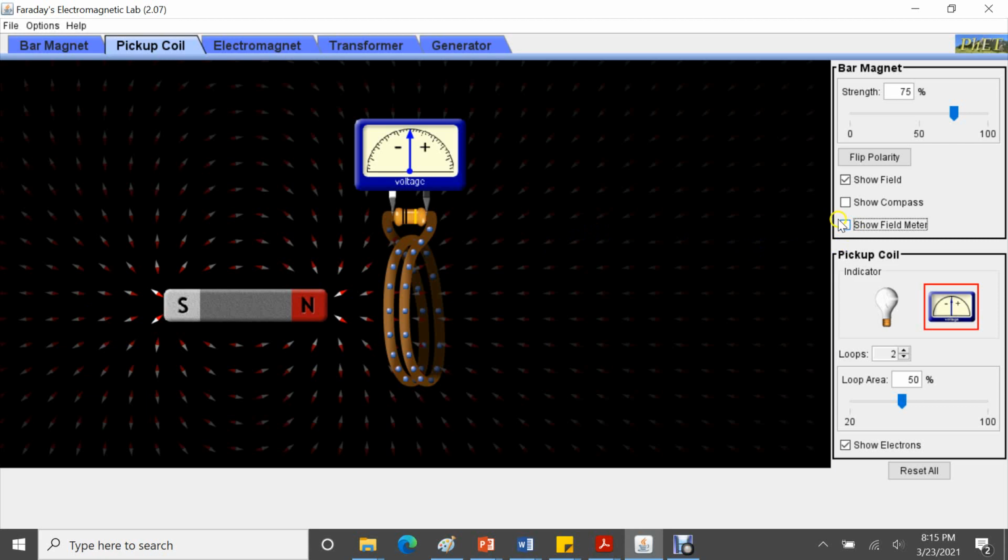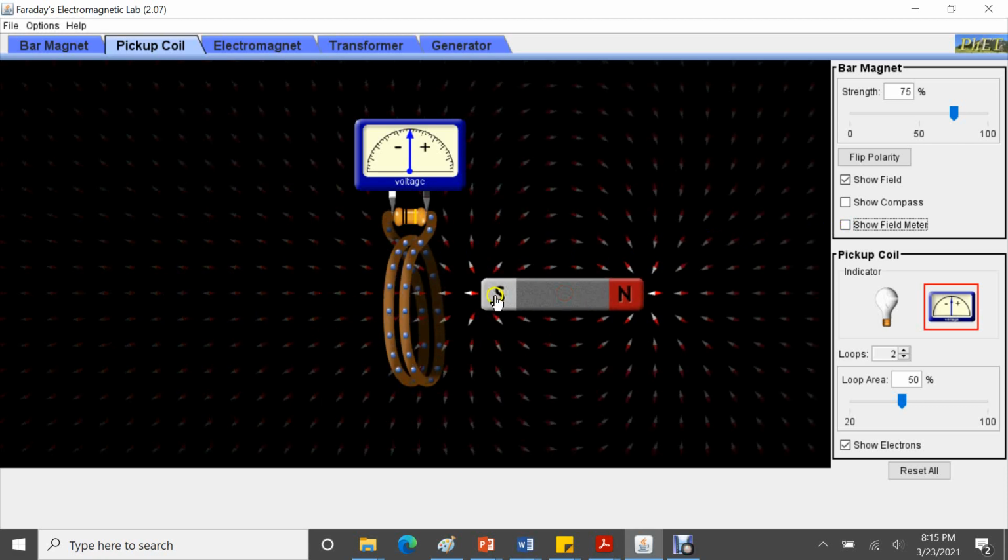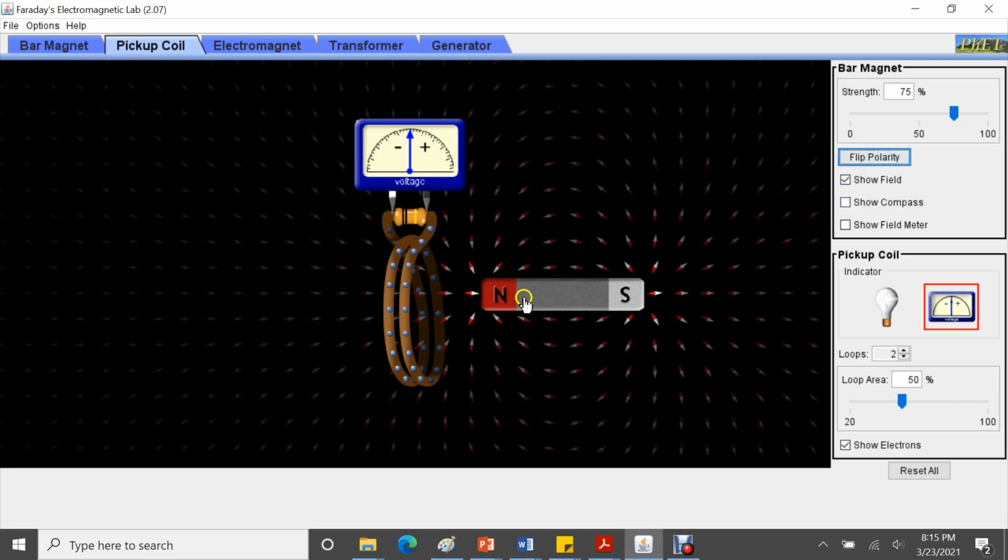I doubt I'll be able to change the direction of the magnet, because I wanted to show you from the standpoint to say, all right, let's see, yeah, flip polarity. So I just did it just now, flip polarity.